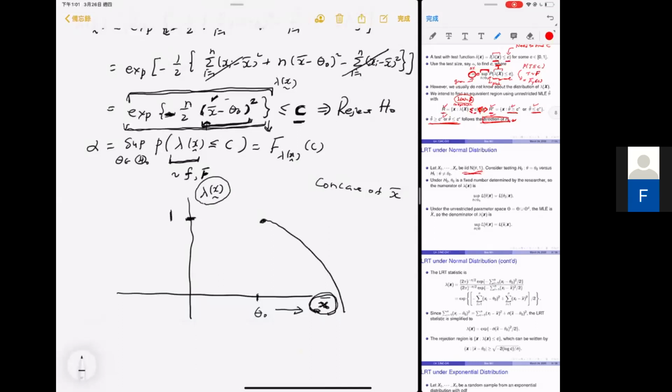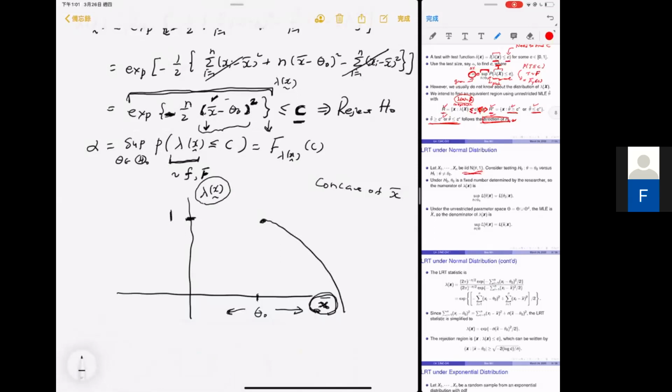Likewise, if x bar is getting smaller, the whole thing is actually getting bigger because it's a square right here.